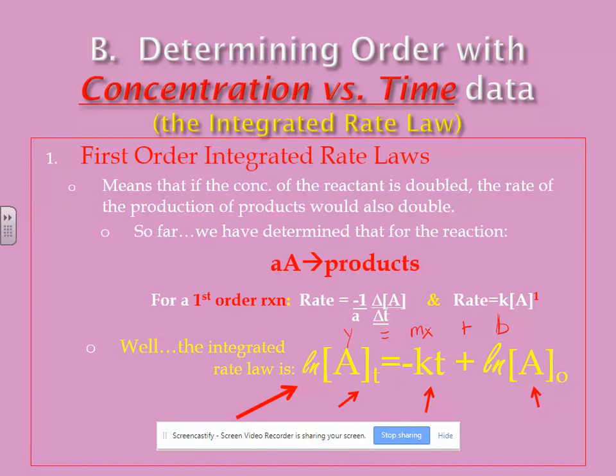So y versus x, natural log of A versus time. And notice it has a negative slope. So when you graph this, you would see it would have a negative slope if it were for sure a first order integrated rate law. And the y-intercept would be equal to the natural log of the initial concentration of reactant A.